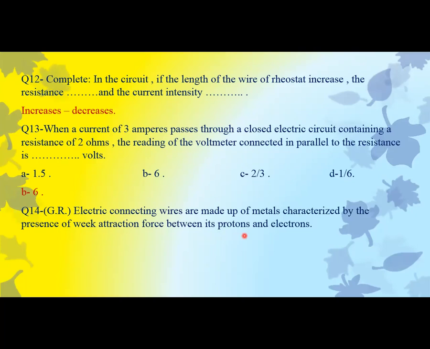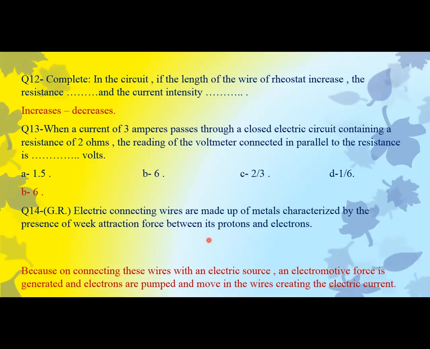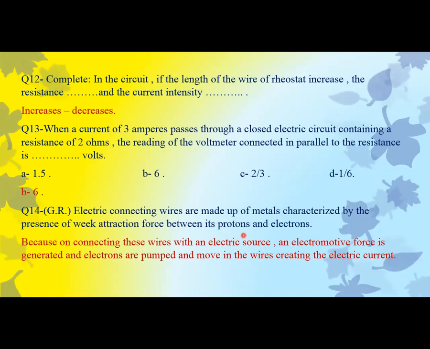And we know that the flowing of electrons is the electric current. So to be a good conductor, the outermost electrons must be free to move. How do they become free to move? Because the attraction force between protons and electrons is weak. Sometimes they call it vanished.